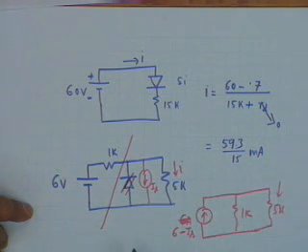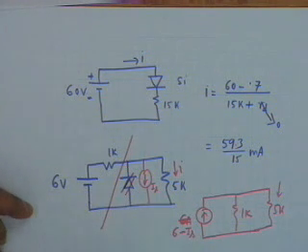So this current can now be obtained by current division.